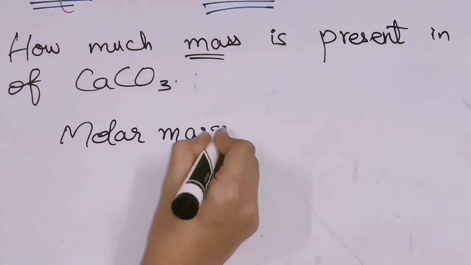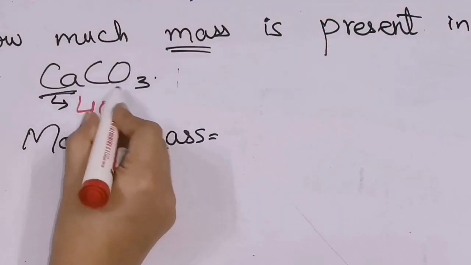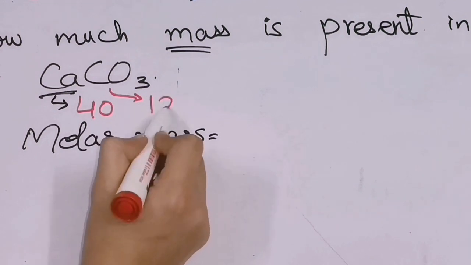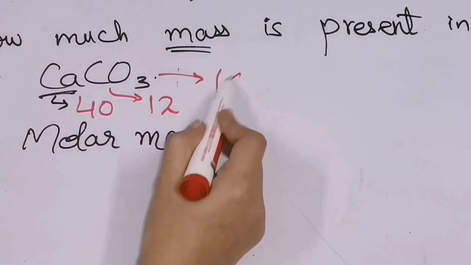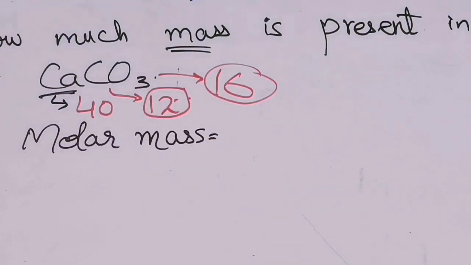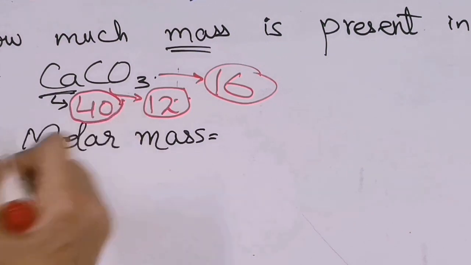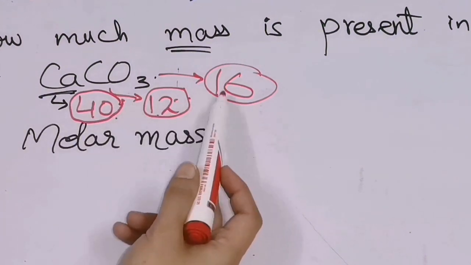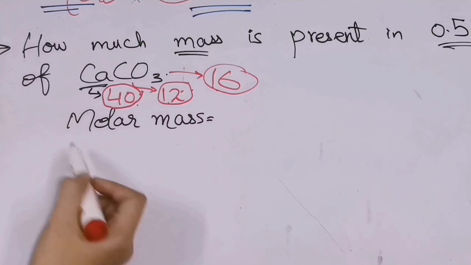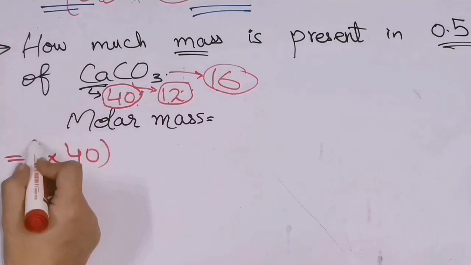Molar mass of calcium carbonate. Atomic mass of calcium is 40, atomic mass of carbon is 12, and atomic mass of oxygen is 16. Till now at least you have learned the atomic mass of oxygen because we have used it in many examples. So 40, 12 and 16. How many calciums are present? Only one. So 1 multiplied by 40.